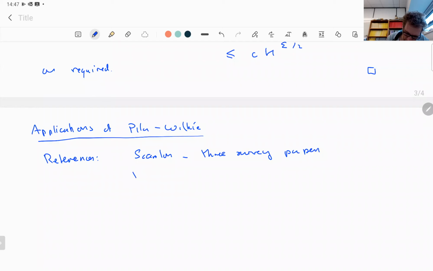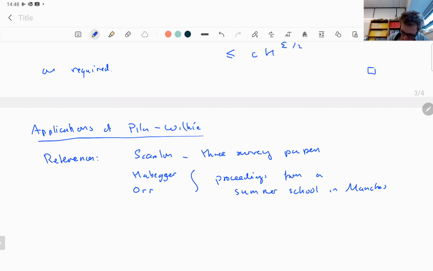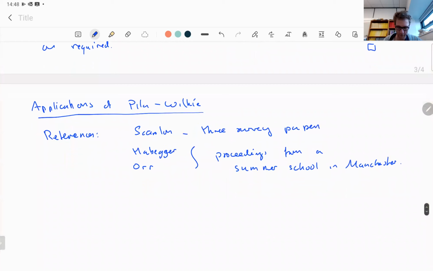There's a paper by Habegger and a paper by Martin Orr. These are both in proceedings from a summer school in Manchester. I will put proper references for these.